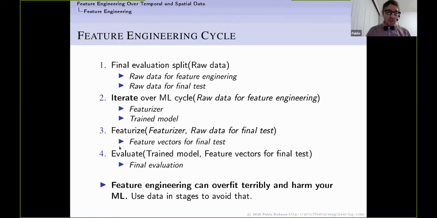So in this process, you will be iterating, doing exploratory data analysis and error analysis, coming up with features, and then evaluating at the end whether the features you have come up with have not overfit the raw data you used. And the thing is that feature engineering can overfit much more than regular machine learning models. So it really has to be handled with care.